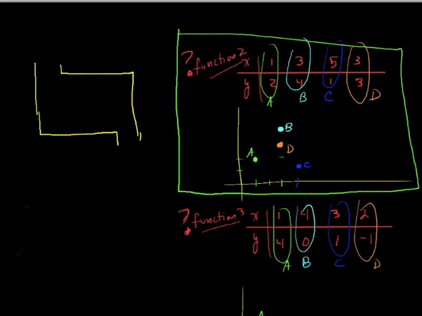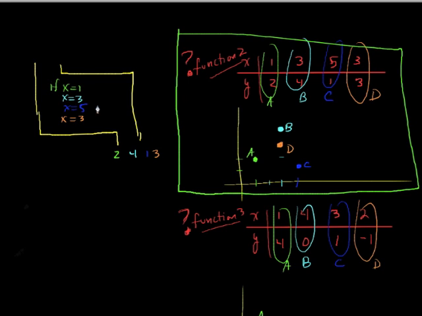If x equals 1, then a 2 comes out. If x equals 3, then a 4 comes out. And what if x equals 5? Then a 1 comes out, and then if x equals 3, a 3 comes out.